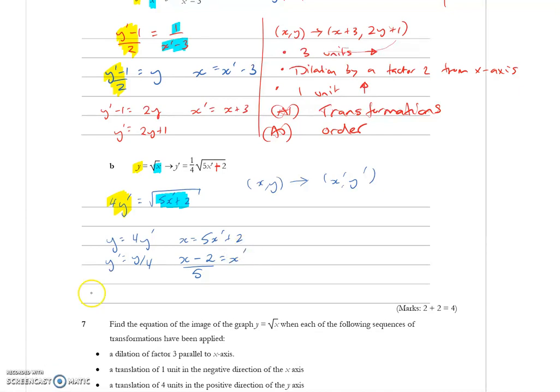And so what does that mean? It means that every single x, y coordinate goes to this, and we can write this one in a couple of different ways. We can write it like this, or we can write it as x on 5 minus 2/5, and y' goes to y on 4.